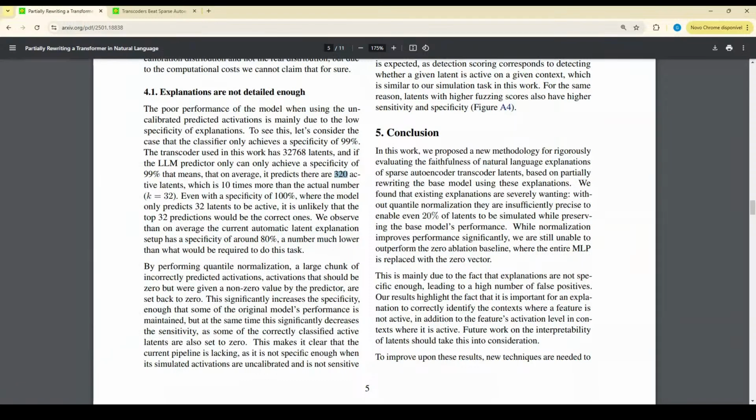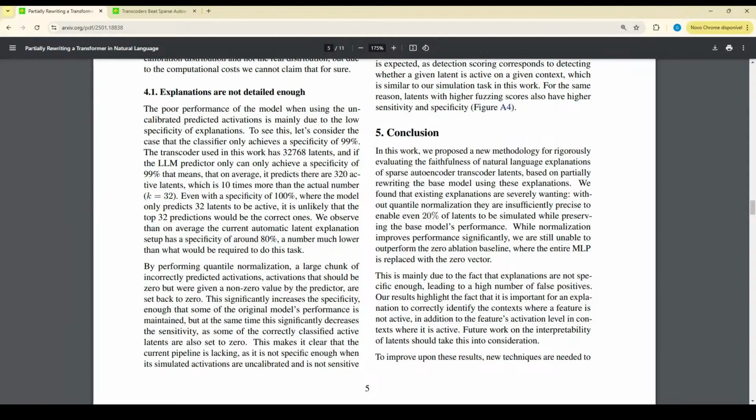But because we are using K of 32, meaning that this SAE only has 32 active latents at any given time, this means that you have 10 times more wrong predictions than you can possibly have correct predictions.